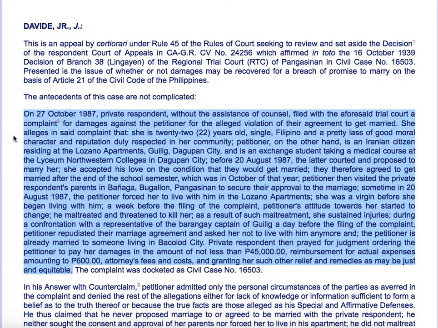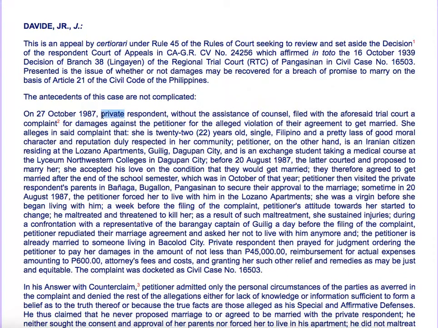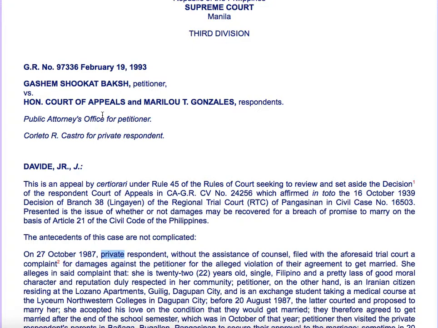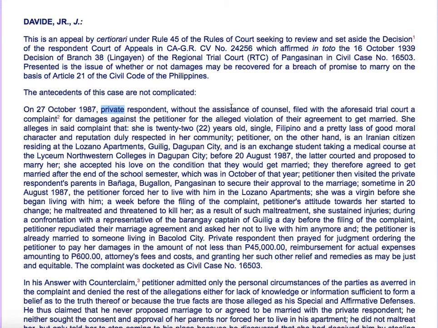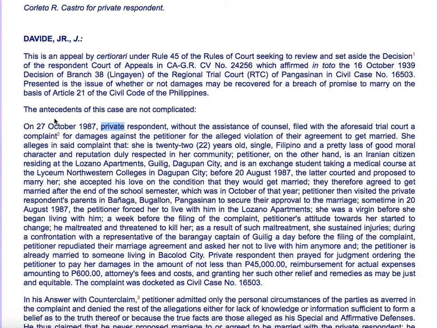Private respondent. Again, sino yung private respondent class, ha? Si Marilu Gonzalez. Alright? Without the assistance of counsel, filed with the trial court a complaint for damages against the petitioner for their alleged violation of their agreement to get married. So, ito pa lang, this is the meat of what happened.